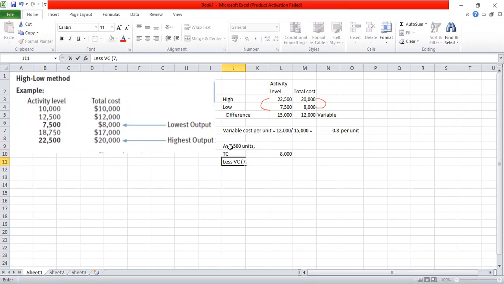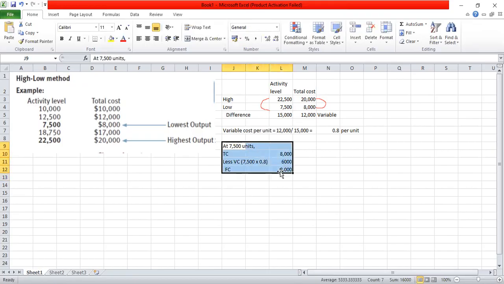Variable cost is 7,500 into each unit at the rate of 0.8. So 7,500 into 0.8, then the resultant figure is the fixed cost, 2,000.